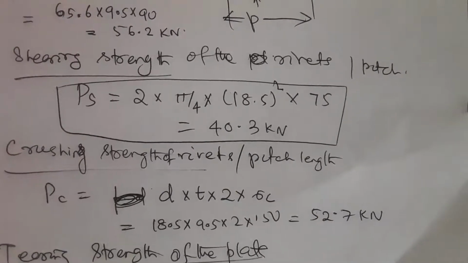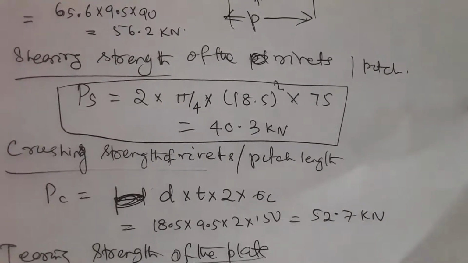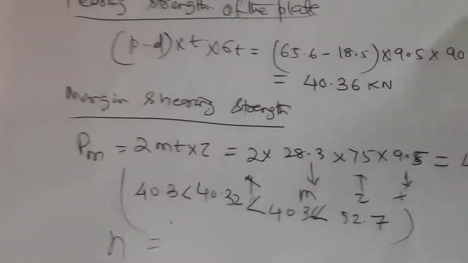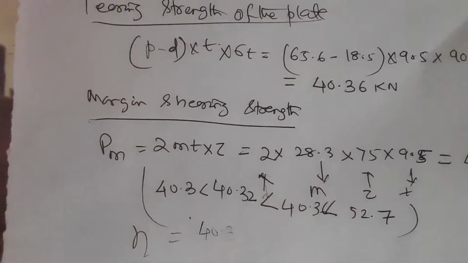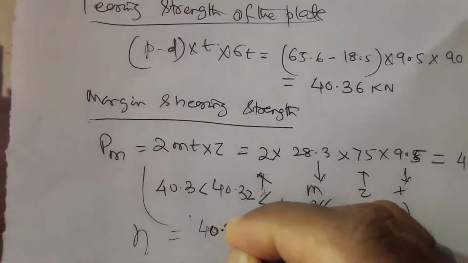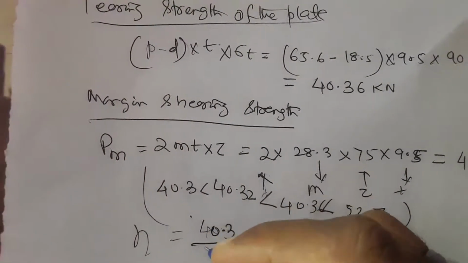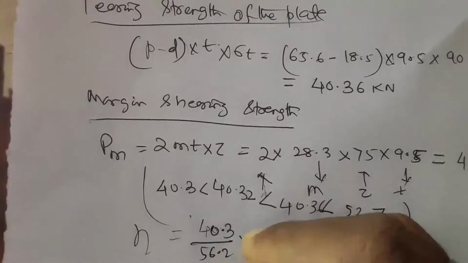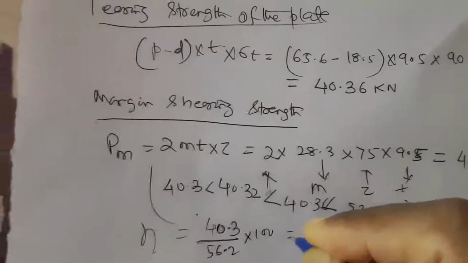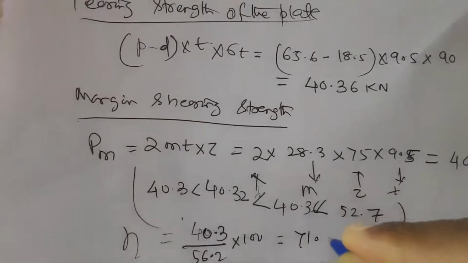So efficiency is actually the minimum, that is 40.3, divided by the solid strength of the plate, which is 56.2, into 100, and that is coming out to be 71.6%.